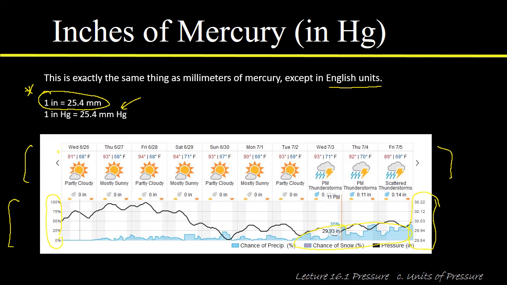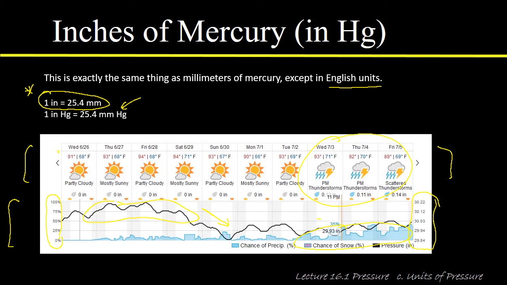If you look at this graph, you can see on the left there was fairly high pressure throughout this region when the weather is very sunny. Pressure drops, and as the pressure drops, the chance of precipitation increases later in the week. You can see that here with these storms for Wednesday through Friday.